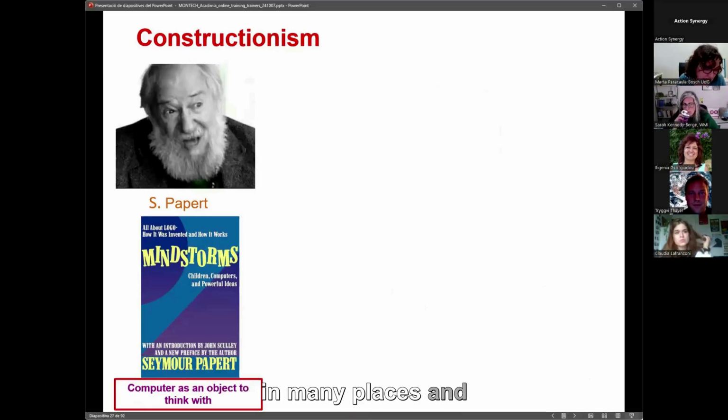He wrote all this in many places, in many articles, books and papers, but one very representative book is Mindstorms: Children, Computers and Powerful Ideas. He talks about all this. It says how Logo works and how it was invented. Logo is one of the first programming languages thought not only for engineers, but also for people interested in creating things who are not engineers, also children.